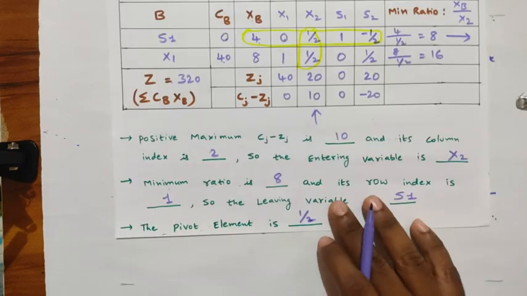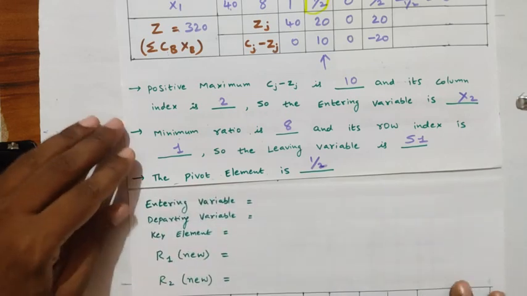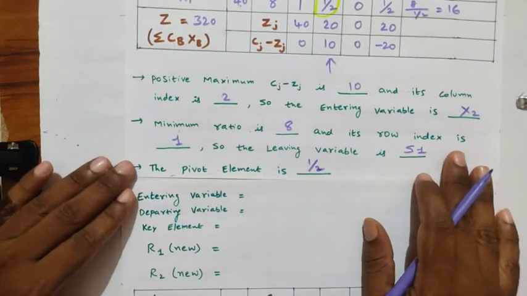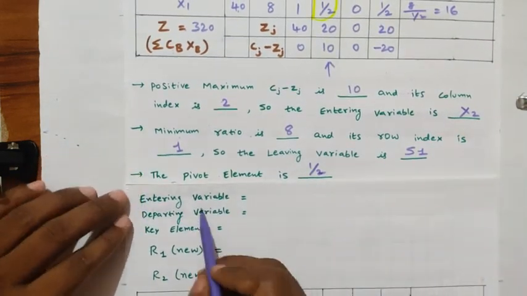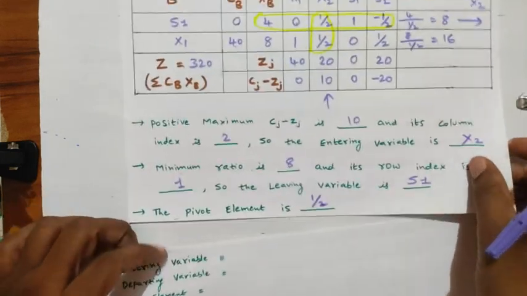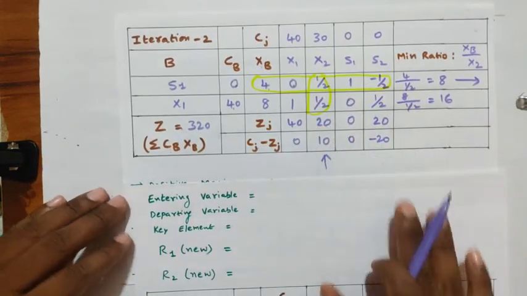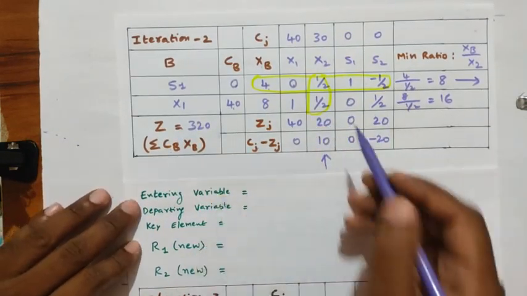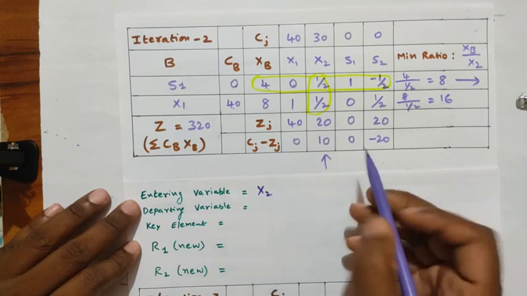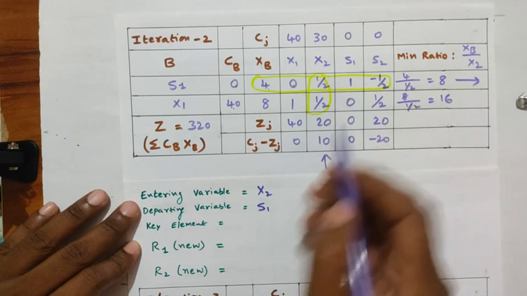With this we come to know that the entering variable is x2, the leaving variable is S1, and the key element is half.